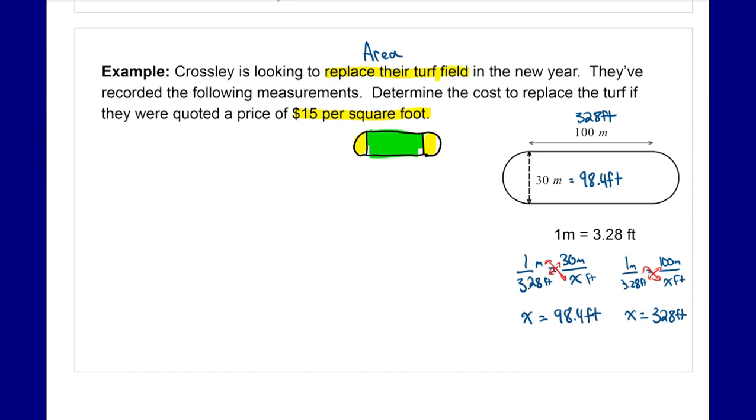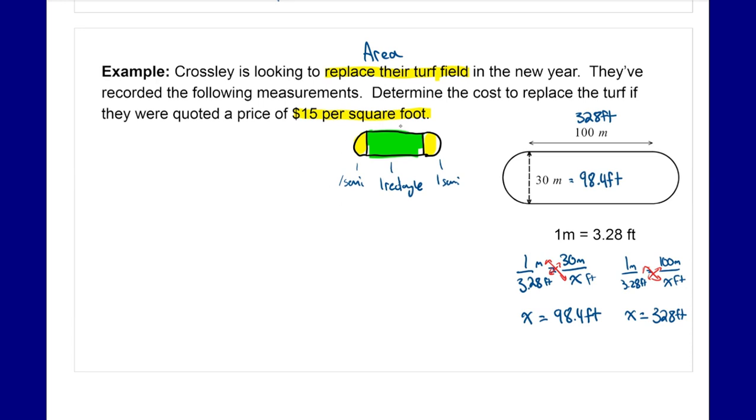So that's what I need to break my shape up into: one rectangle, and one semicircle and another semicircle. Because I have two semicircles and they share the same measurement, I technically have one circle. So I have a rectangle and one circle.